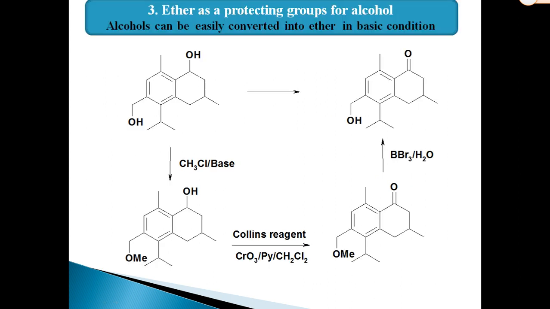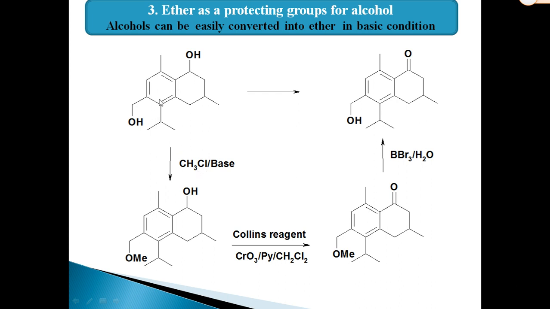The next example, ether. This is the third protecting group we are discussing now. Ether as a protecting group for alcohol. Alcohols can be easily converted into ether in basic medium.